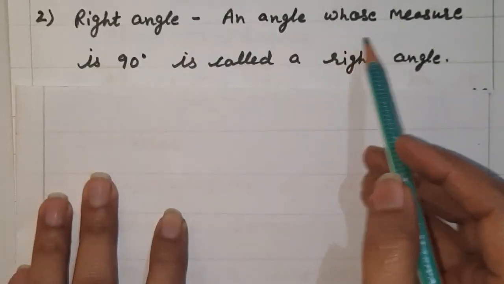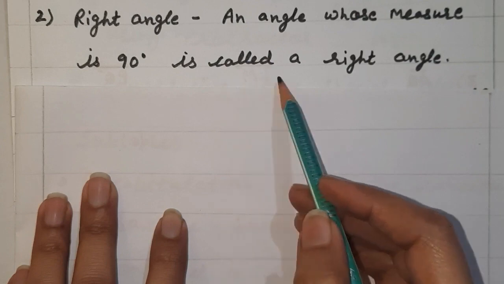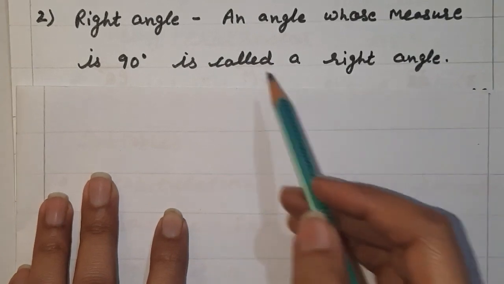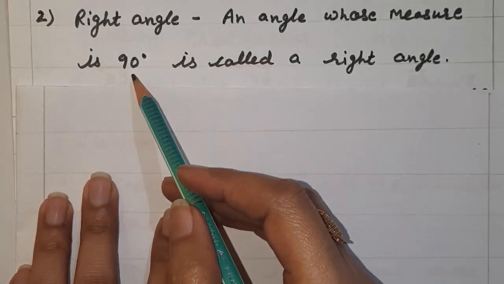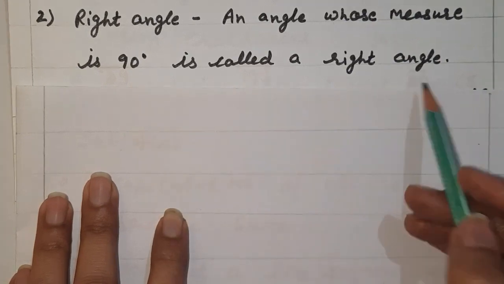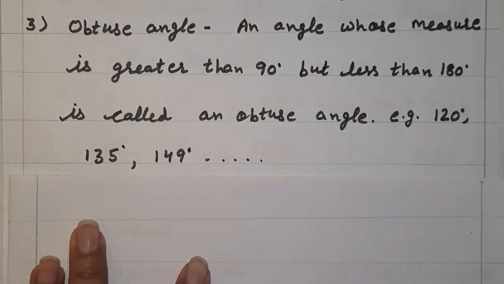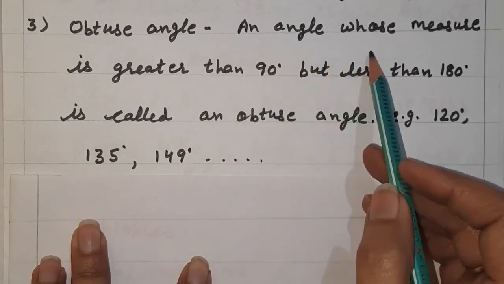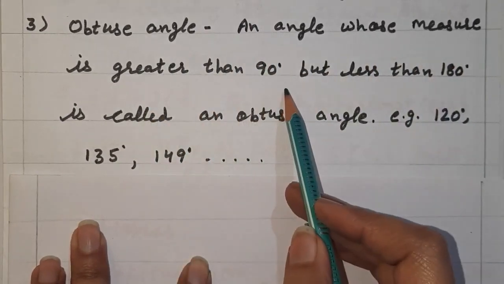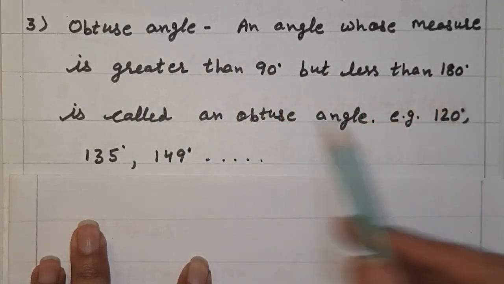Right angle. An angle whose measure is 90 degree is called a right angle. जिस एंगल का मेजरमेंट 90 डिग्री होगा that is known as right angle. Obtuse angle. An angle whose measure is greater than 90 degree but less than 180 degree is called an obtuse angle.